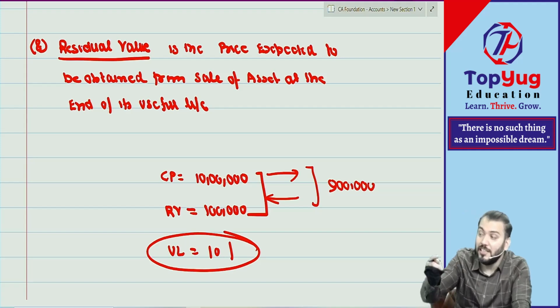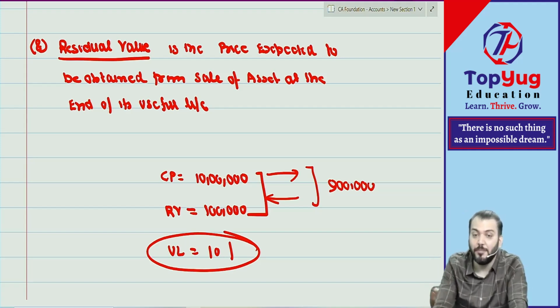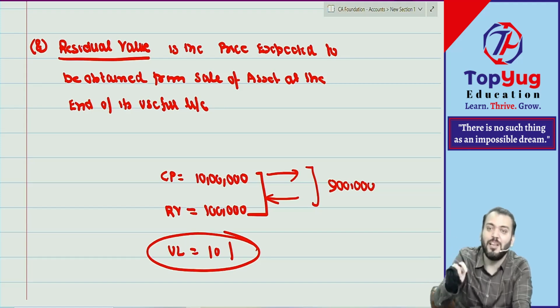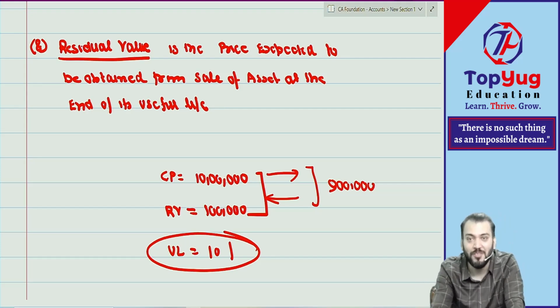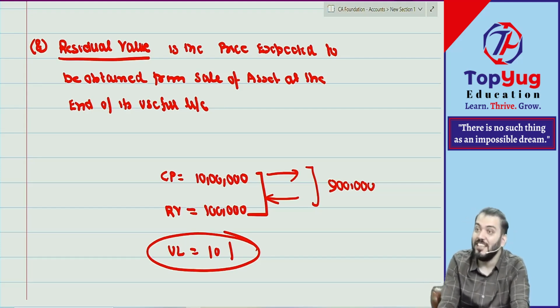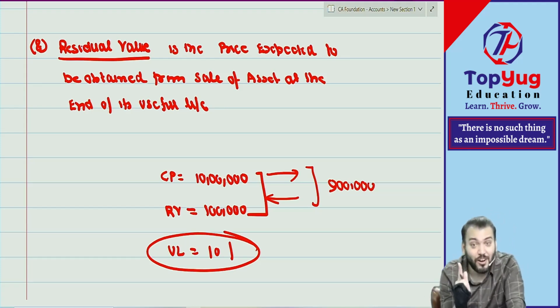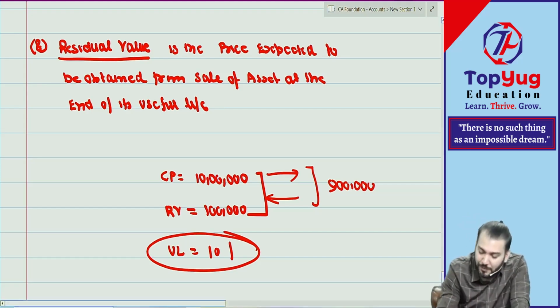So the first point I gave: depreciation is the systematic allocation of the depreciable amount, not cost. Depreciable amount is cost minus residual value. If residual value is 0, then the depreciable amount will be equal to cost. I hope you have understood.